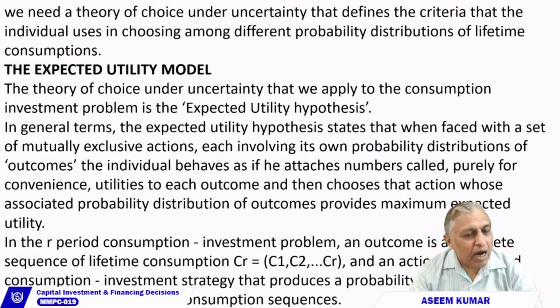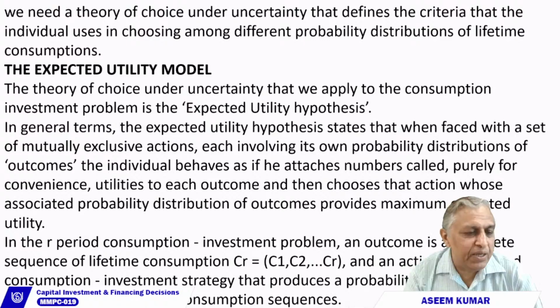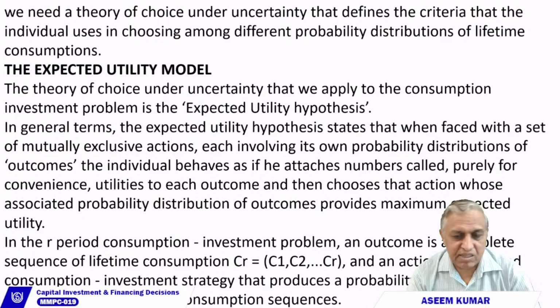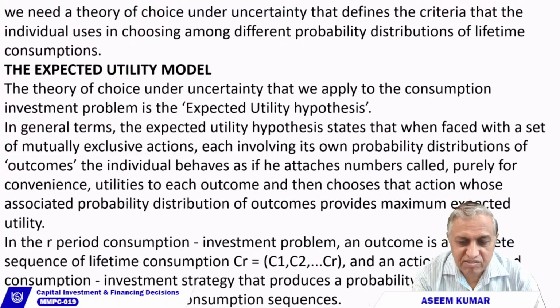In the R-period consumption-investment problem, an outcome is a complete sequence of lifetime consumption, CR equal to C1, C2, up to the level of CR, the next period or any level we are intending to achieve. And an action is an R-period consumption-investment strategy that produces a probability distribution for different possible lifetime consumption sequences.